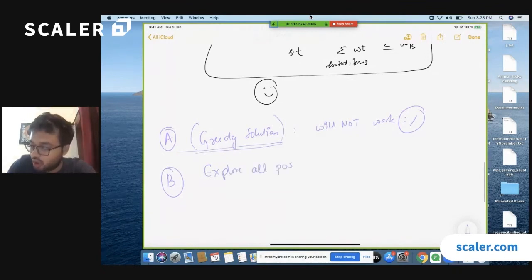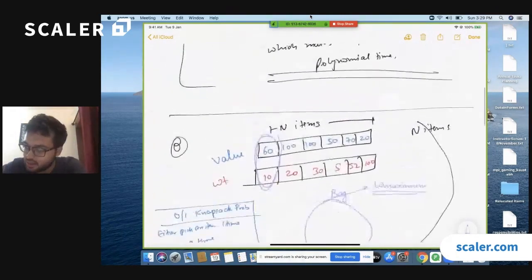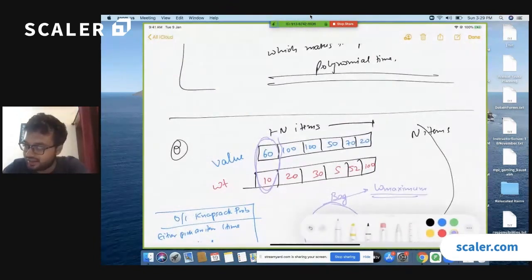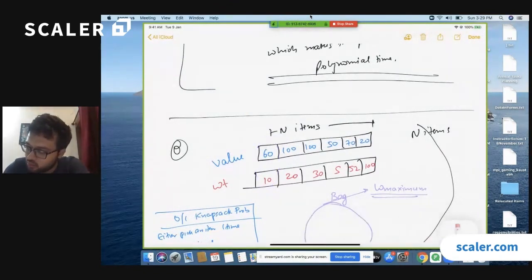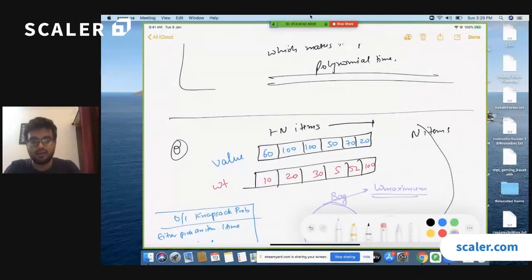And whenever you see a problem which is forcing you to explore all possibilities, what does that mean? In this problem, just because I cannot take a greedy decision, I will have to explore every possible option: whether to pick the first item or not, whether to pick the second item or not, whether to pick the third item or not. And these are not independent events. These are consecutive events.